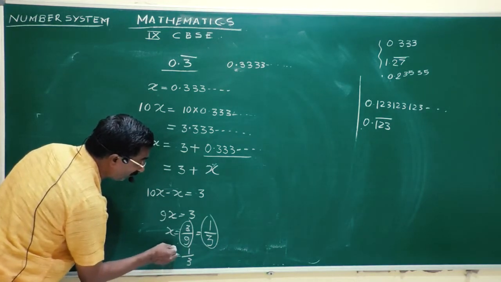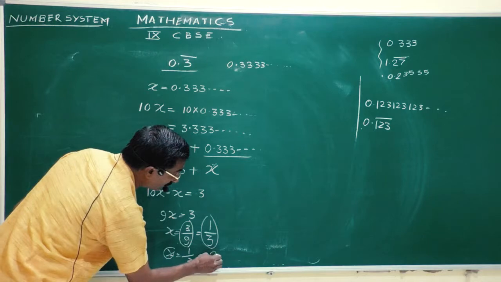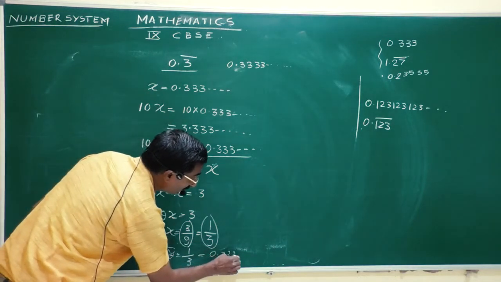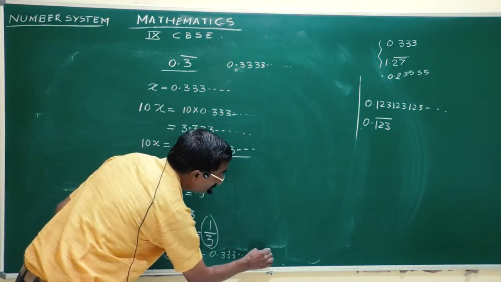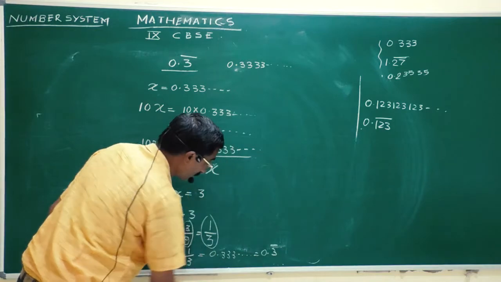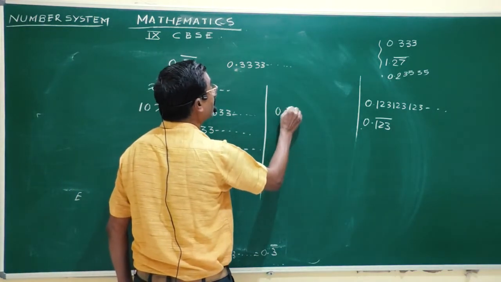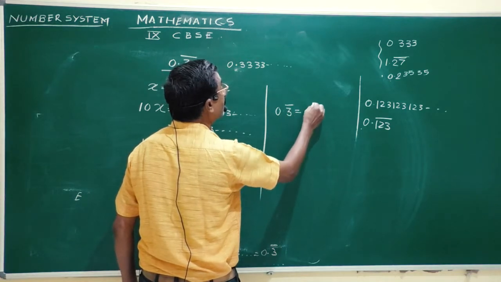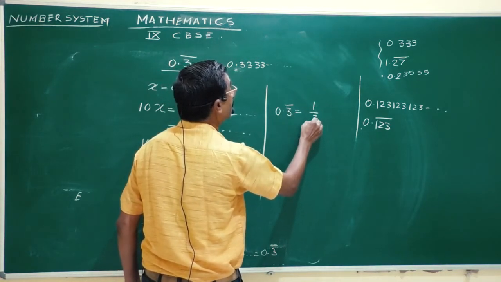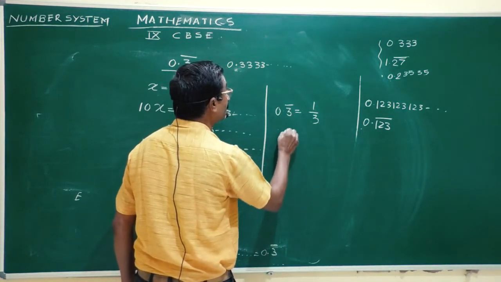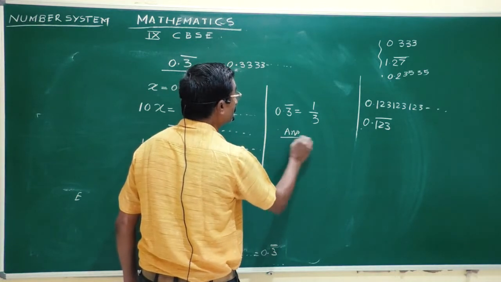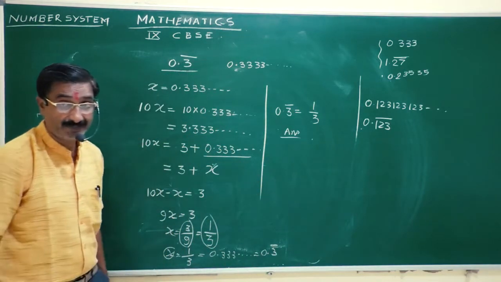And what is the value of x? Again the value of x is 0.333 and so on, so we can write 0.3 bar. So the rationalization of 0.3 bar is equal to 1 by 3 is the answer. Okay?